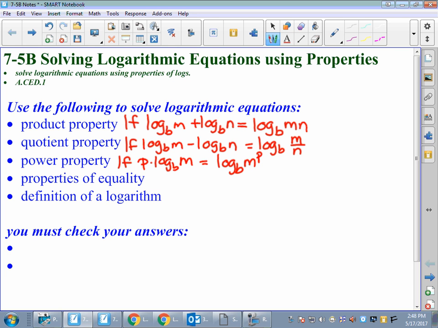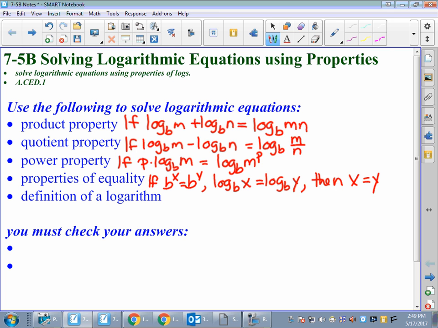The other 2 properties or tools that we're going to use to solve involve the property of equality. There's several different properties of equality. One is if you have a base to some power x equal to the same base to the power of y, or we could use the power property of equality: if you have log base b of x set equal to log base b of y, then we can assume that x equals y.